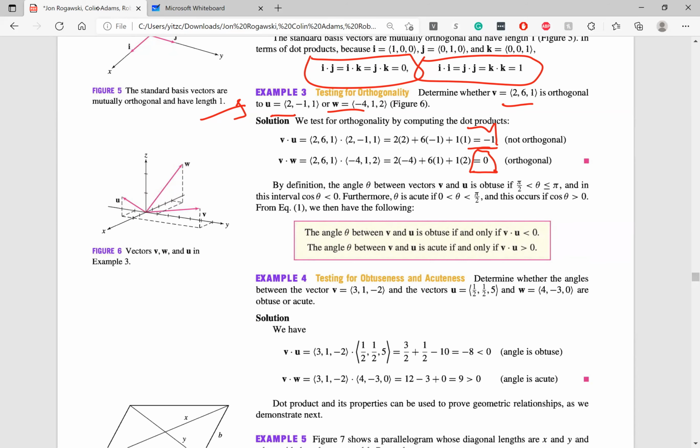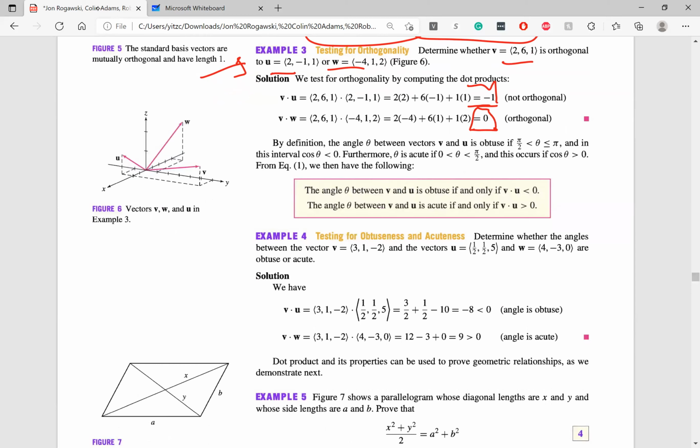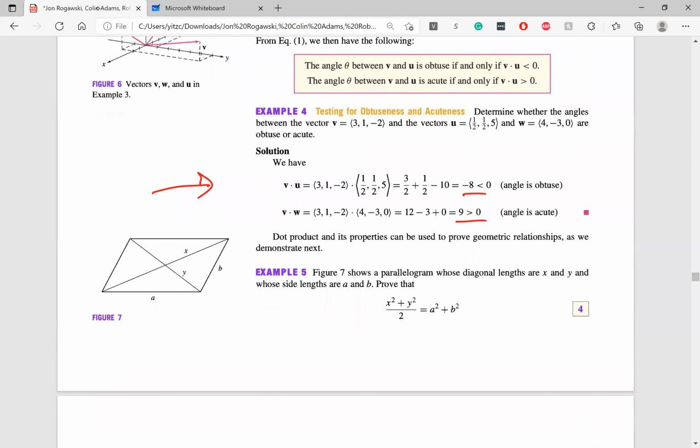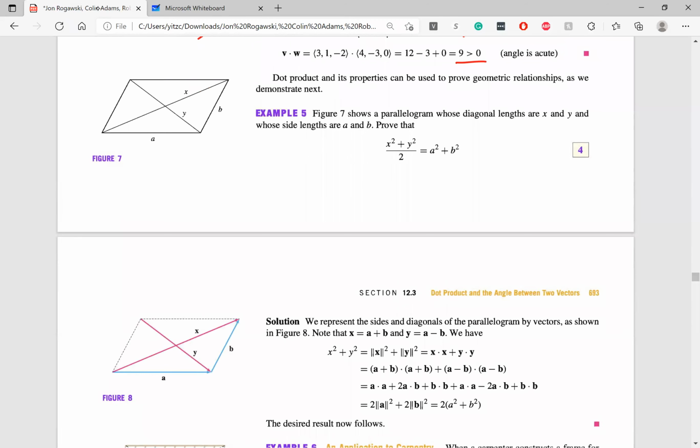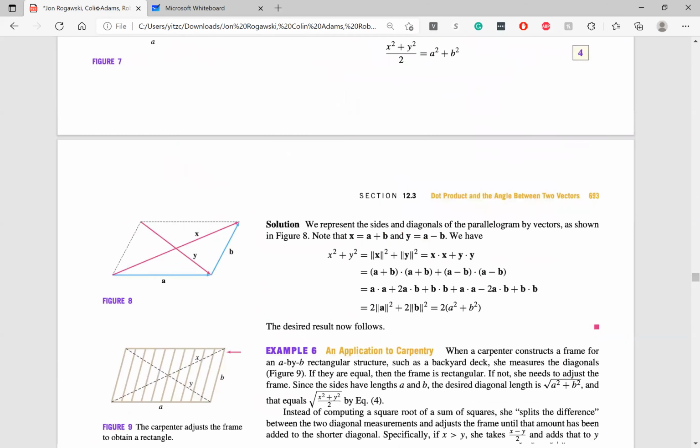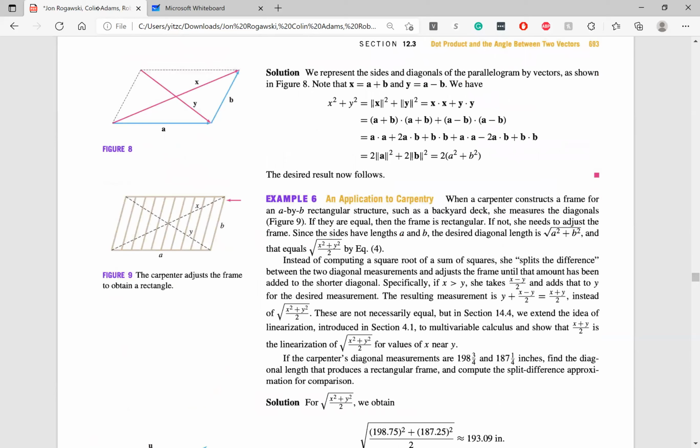Again, that goes back to the formula. I am going to skip this example, but you're welcome to do it. You take the dot product. If it's negative, you have an obtuse angle. If it's positive, you have an acute angle. So let's see what else.